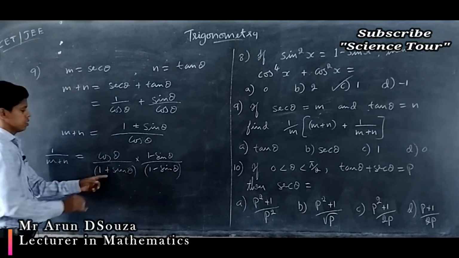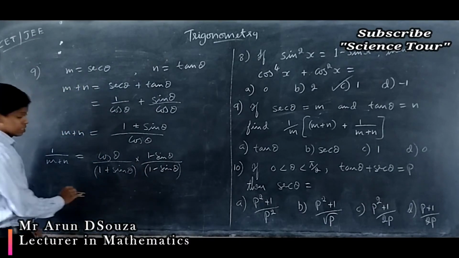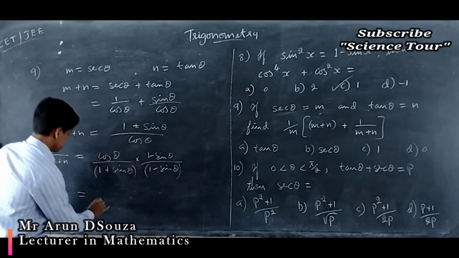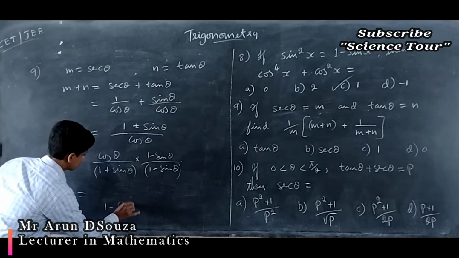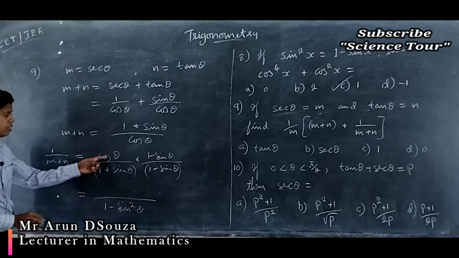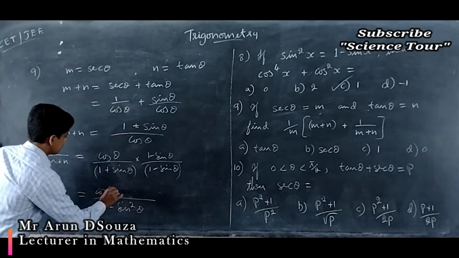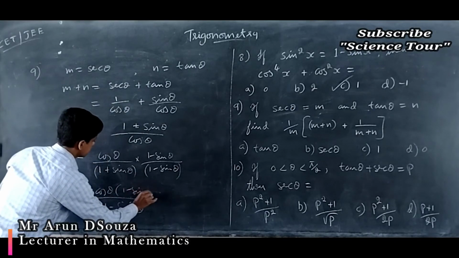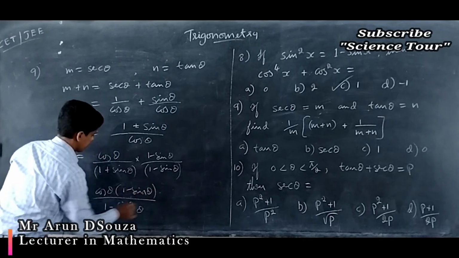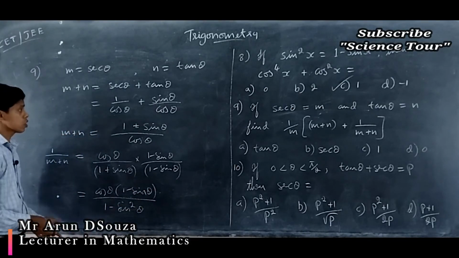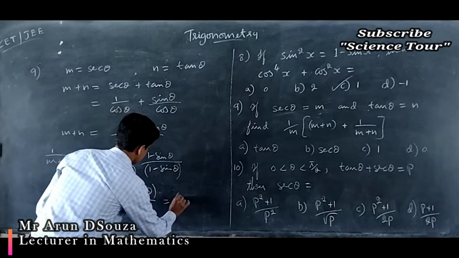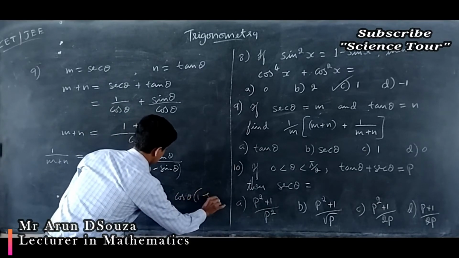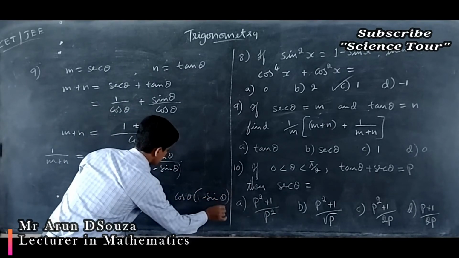See, this is a plus b into a minus b, so that is a square minus b square. So this is 1 minus sine square I am getting here, and this is cos theta into 1 minus sine theta, right? So 1 minus sine square is cos square, so this is cos theta 1 minus sine theta divided by cos square theta.